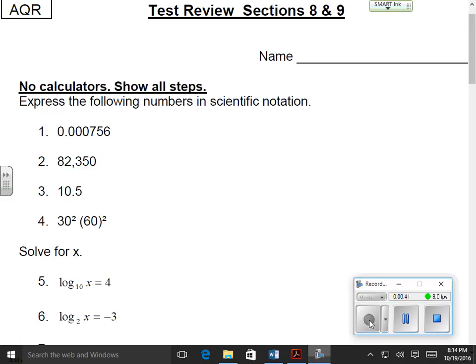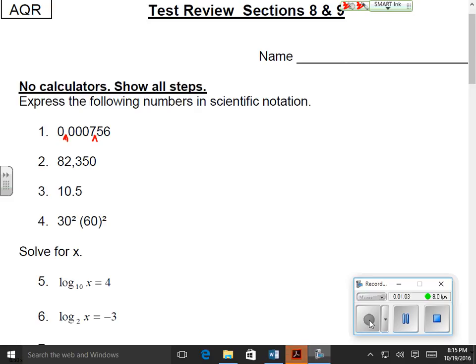So we start with number 1. Express this in scientific notation. We're going to need to move the decimal from its current location. We're going to need to move it to the right until we only have one number that's not 0 to the left of the decimal.